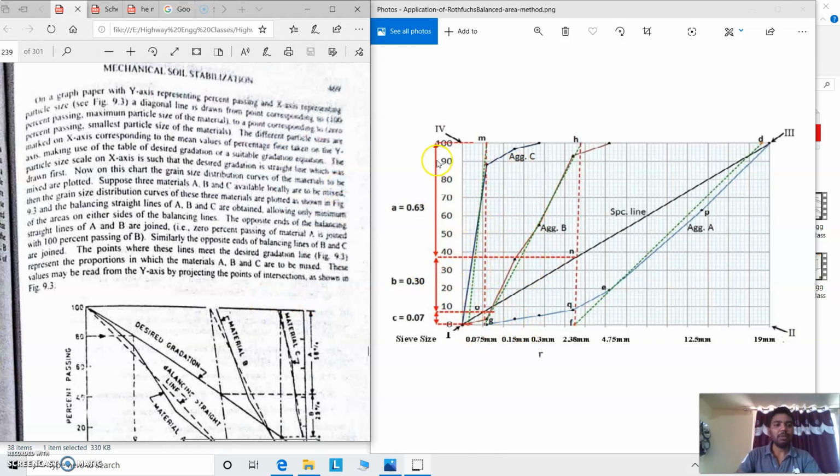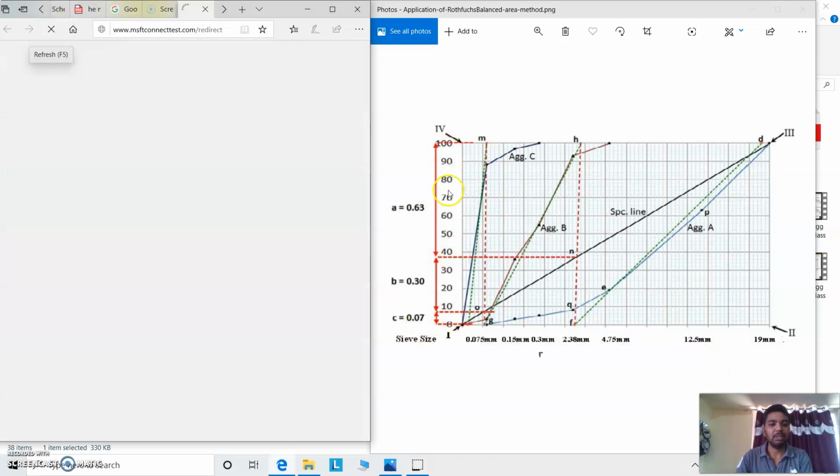In this graph we have an x-axis and a y-axis. The y-axis represents the percentage passing, and the x-axis represents the particle sizes, from 0.075 mm to 19 mm, as prepared in the mix proportion. The particular percentage passing is calculated against the x-axis.